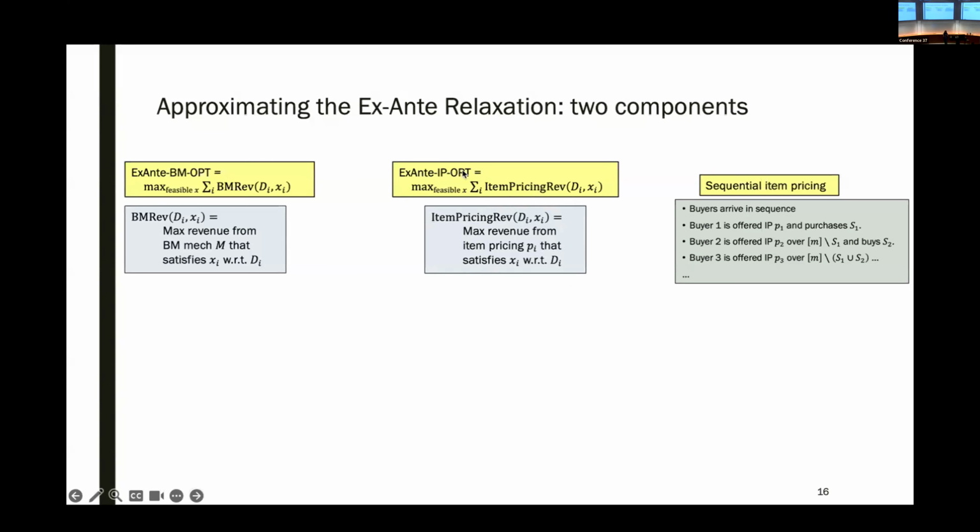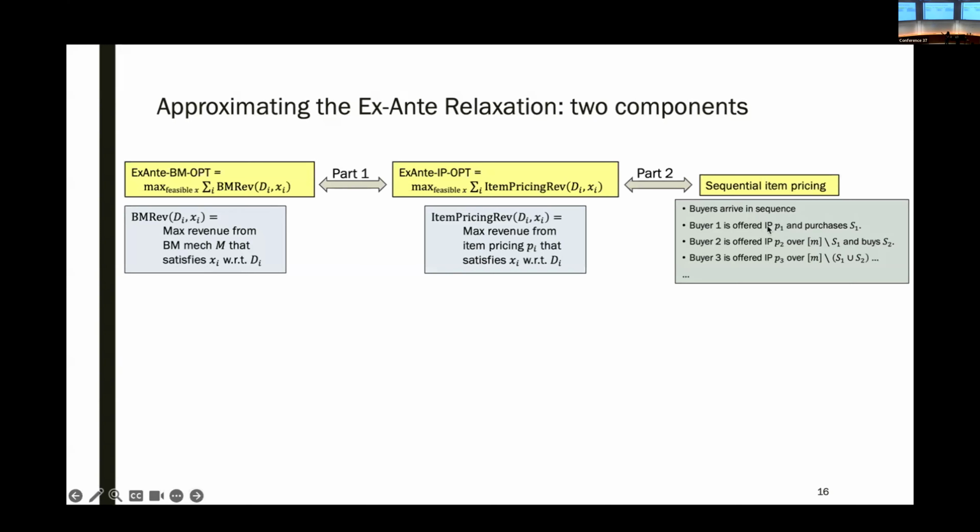What is this? This is essentially, again, an ex ante relaxation, but where every individual mechanism for every individual buyer is required to be an item pricing. And this is just going to be a tool for us to argue that the benchmark over here is approximable using the mechanism over here.